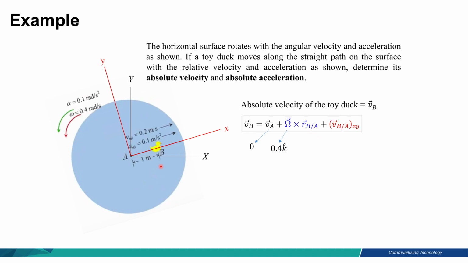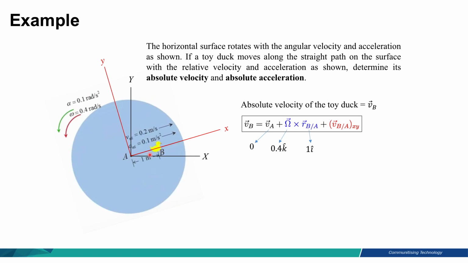r B/A is given as 1 meter, pointing to the right in the initial figure. So this will be 1i, okay? And v B/A xy is the relative velocity of the duck as observed from point A. So this is given by this relative velocity v rel here.